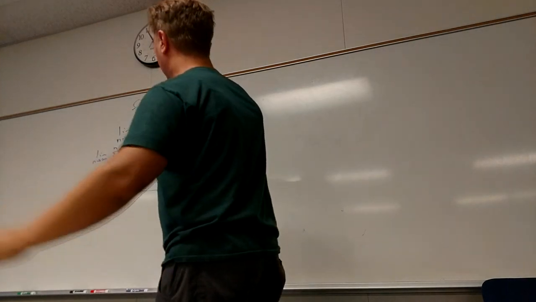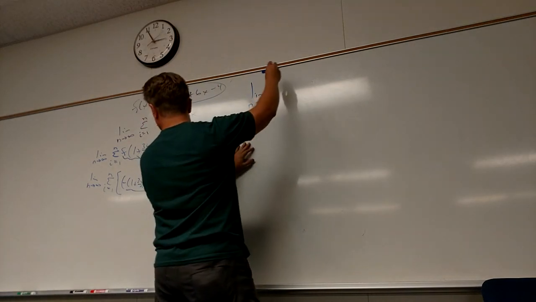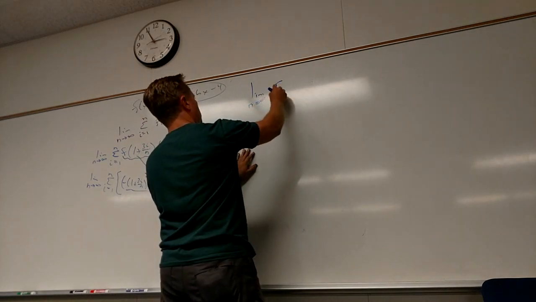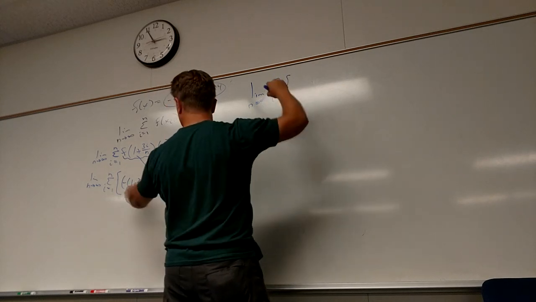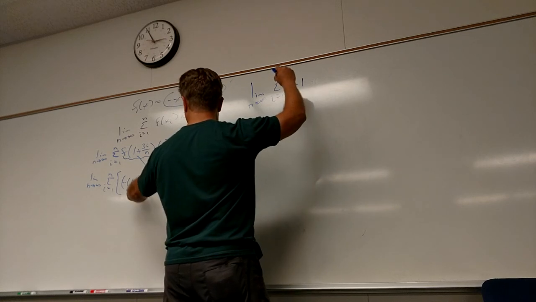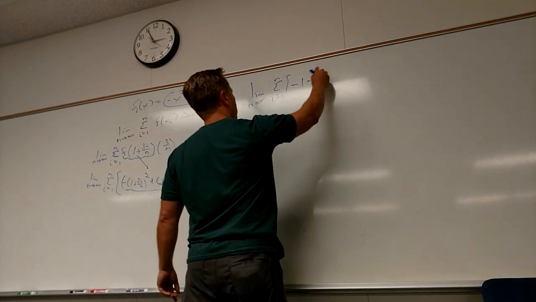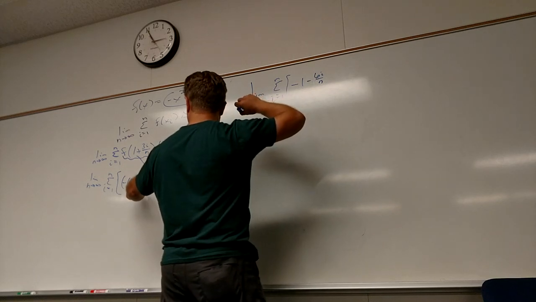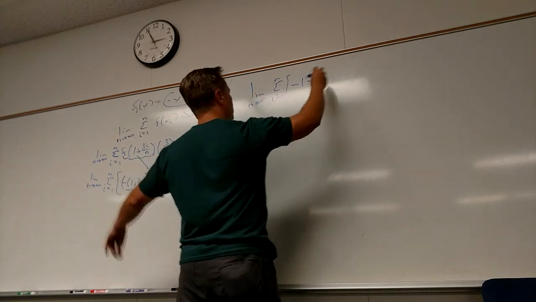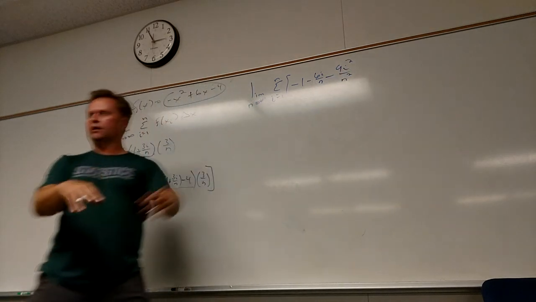All right, so let's see what we can do here. Limit n goes to infinity, sum i equals 1 to n. You can FOIL this out, and there's a negative on it, so it'd be negative 1, then 3i over n and 3i over n, so minus 6i over n. 3i over n times 3i over n is 9i squared over n squared, so minus 9i squared over n squared. All right, so that's just FOILing and bringing a negative through.